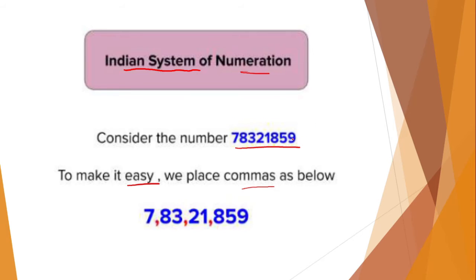To make it smaller and easy to read, we put commas. In the Indian system, after the first 3 digits we put the first comma, and after every 2 digits the second comma, and so on. Only the first comma will be after 3 digits, and then we continue putting a comma after every 2 digits.